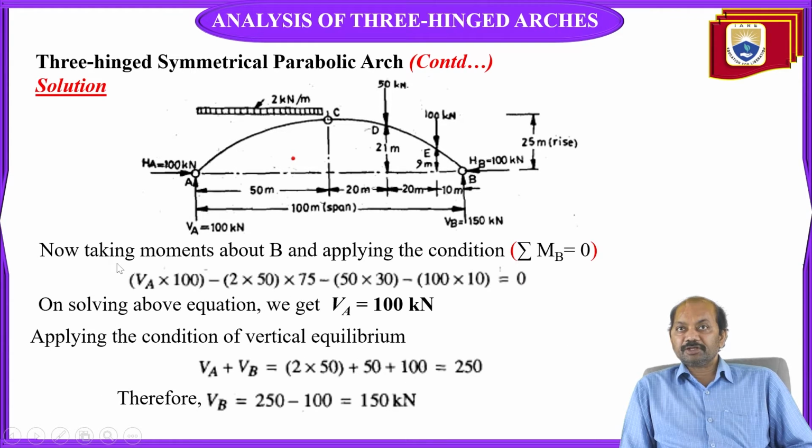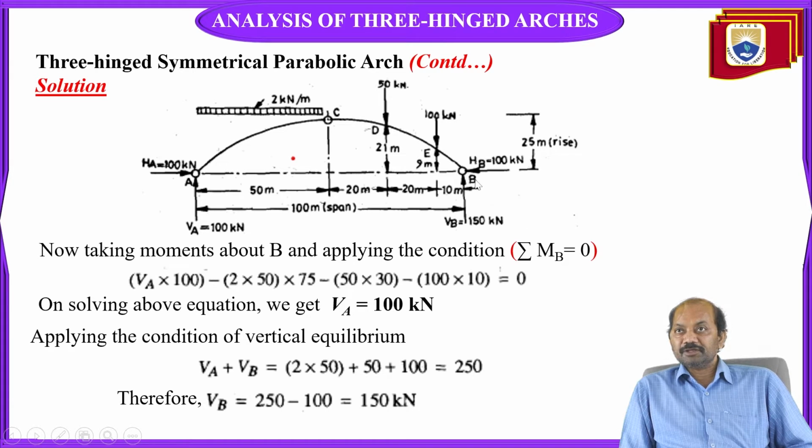Yes. Now taking moments about B, which is at the right hand support. Here is B. Now taking moments about B and applying the condition sigma MB is equal to 0. That means summation of bending moments at B is equal to 0.